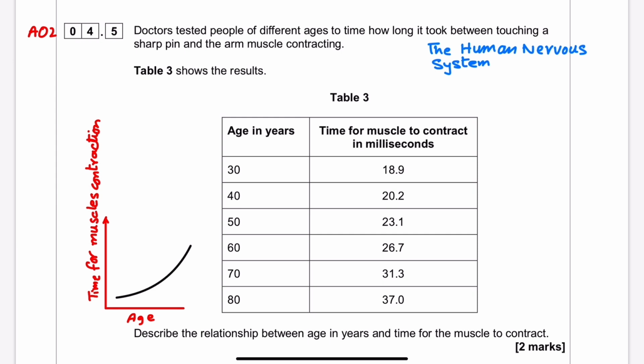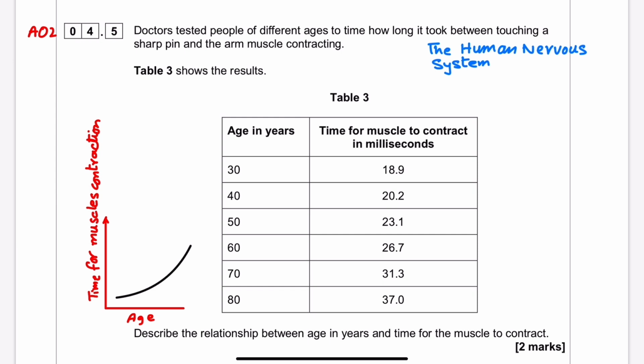The question is, describe the relation between age in years and the time for the muscles to contract. The student can write the answer: as the age is increasing, the time for the muscles to contract is also increasing. The student will get 1 mark for writing this. They need to add one more point, how the rate of contraction is going.